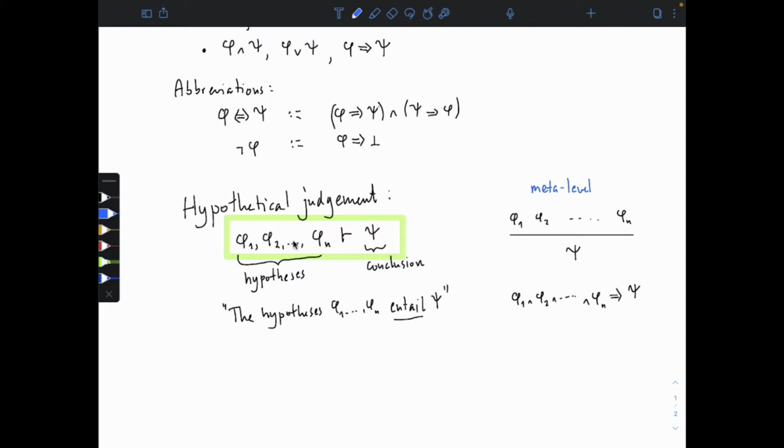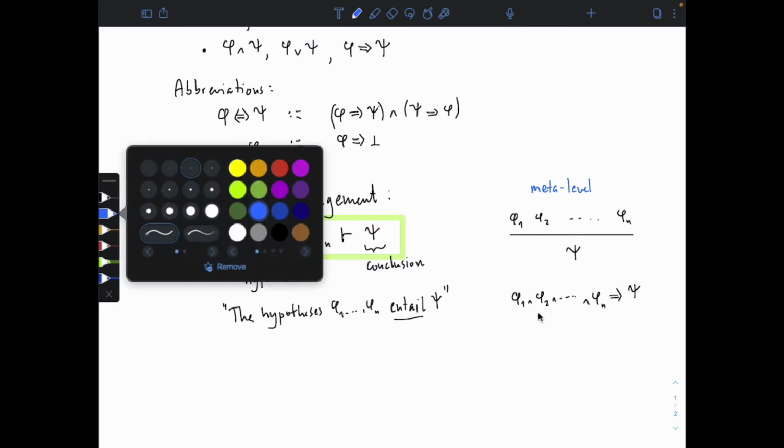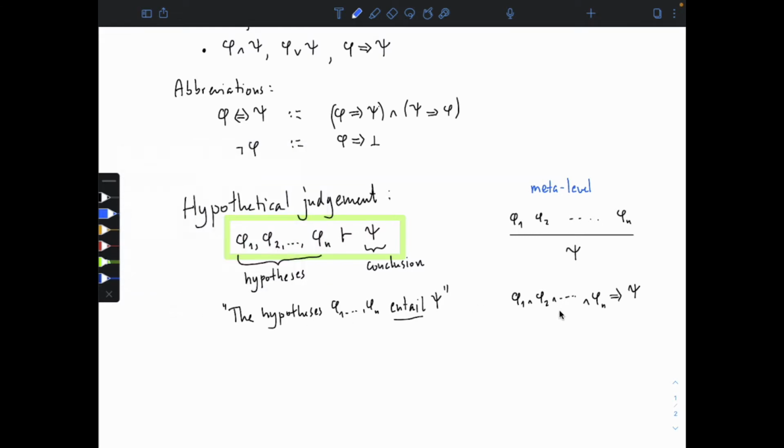This is a relationship between propositions that the logic can establish. So it's different from the rule. And then this one, the third one, is internal, or we also say it's object level, or internal to logic.